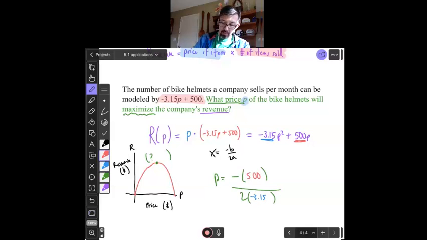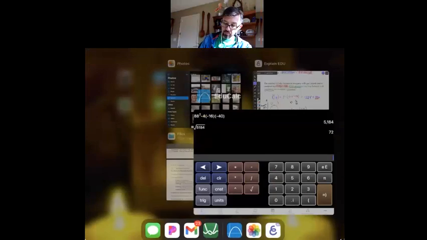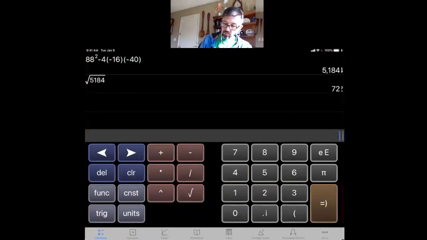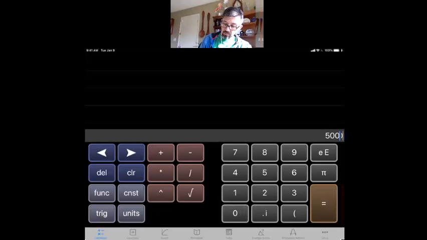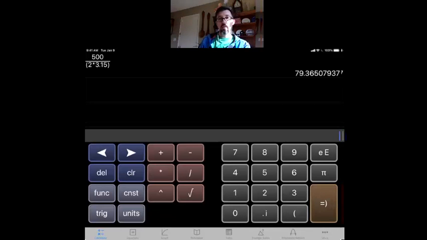So as I go to type that in my calculator, make sure I put parentheses around that on the bottom. So 500 divided by 2 times 3.15. Notice how I'm leaving the negatives off because I know two negatives is going to be positive anyways, I don't need them. So I get 79.36, and so on.